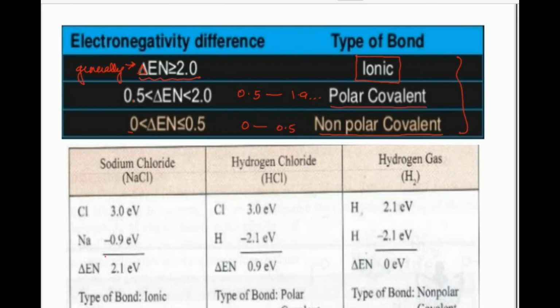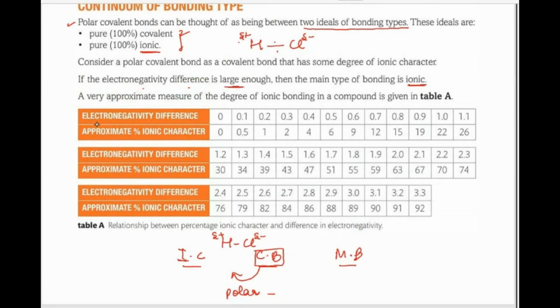In your book, they have given this kind of a table: the electronegativity difference and the percentage ionic character. If there is zero difference, then the percent ionic character is 0. That means that substance is not ionic, it's covalent.